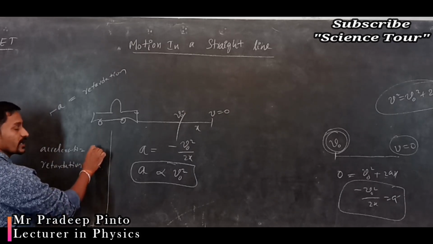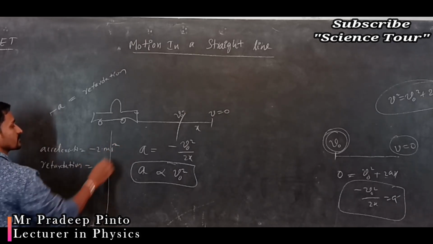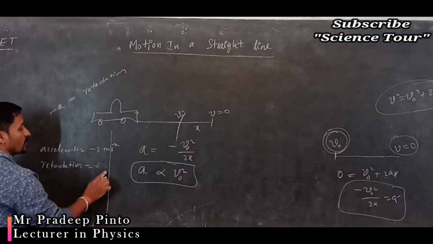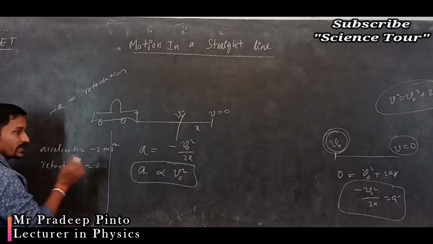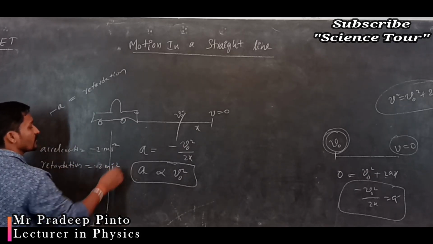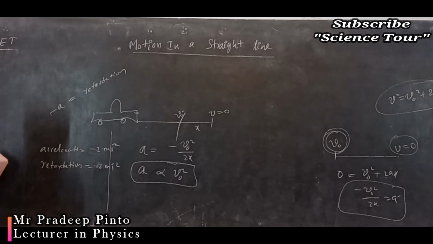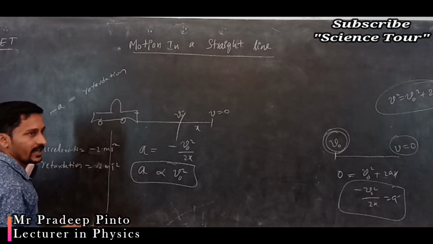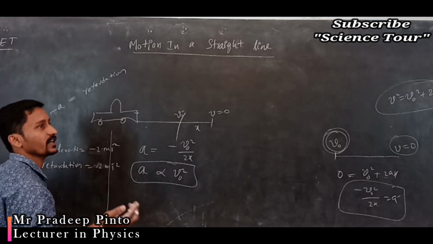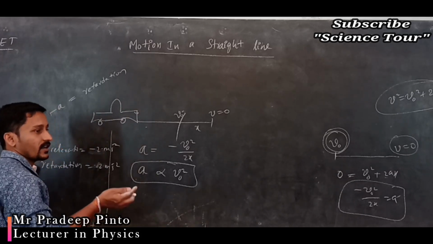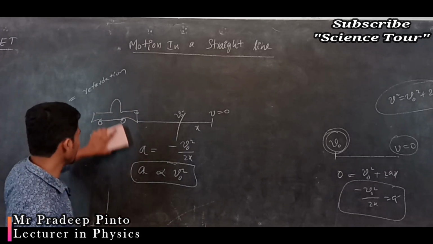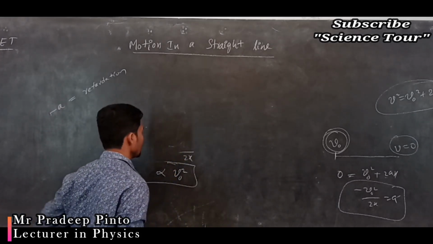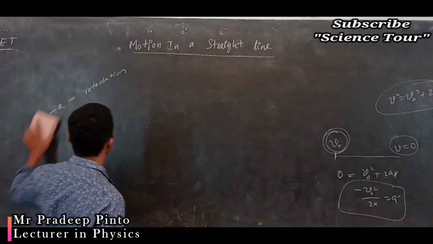For example, you are going to get minus 2 meter per second square. Now if you write retardation as minus 2 meter per second square, it is wrong. Retardation itself means negative, so you have to write 2 meter per second square. This will come for 5 marks sometimes, this kind of concept, because this will come as a concept in the question. Retardation means itself negative, they won't give the negative sign. And then when you substitute on the right hand side and left hand side, you may get a different value. Retardation itself is negative, you have to apply the negative sign if they have given retardation.